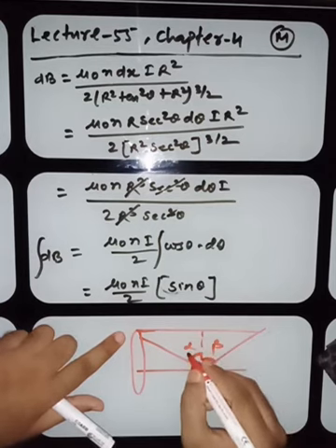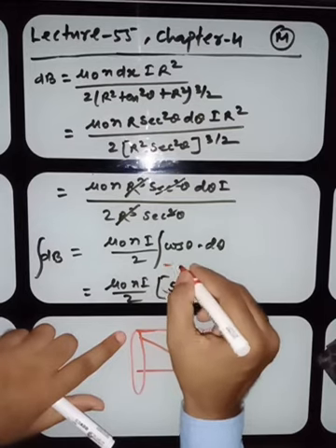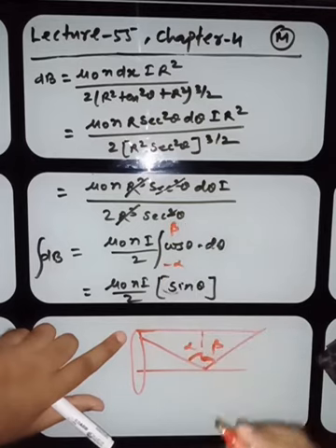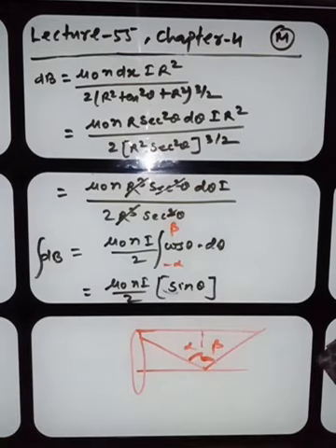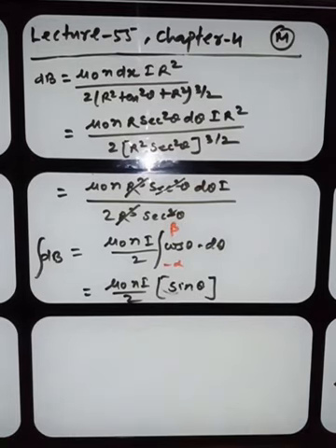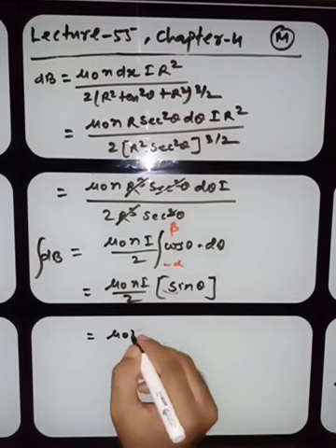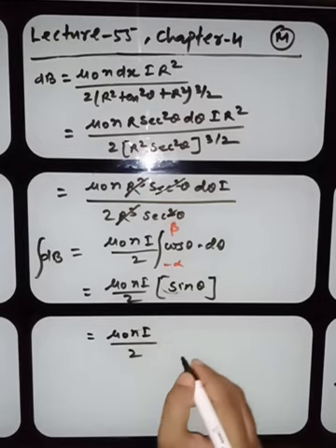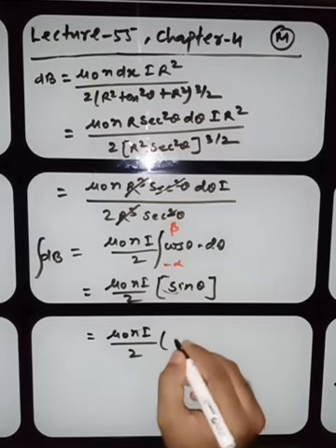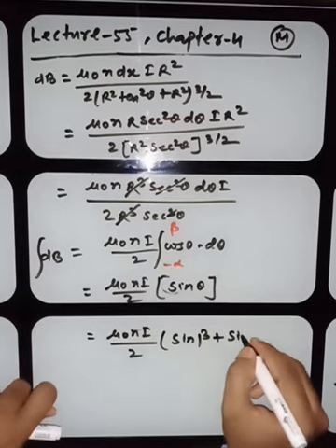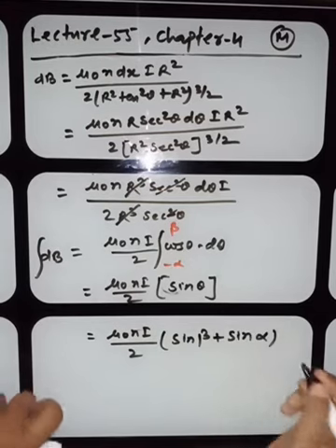So with minus alpha, the integration is from minus alpha to plus beta. You have to integrate from minus alpha to plus beta. Now the result: mu naught nI by 2 into sine beta plus sine alpha.